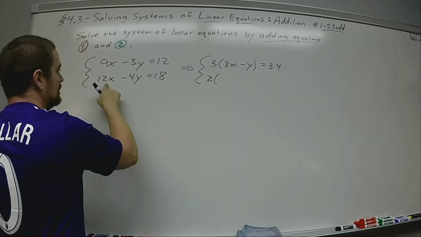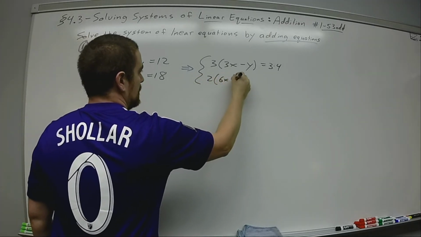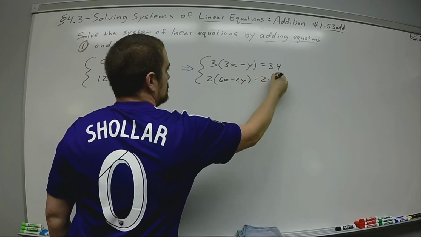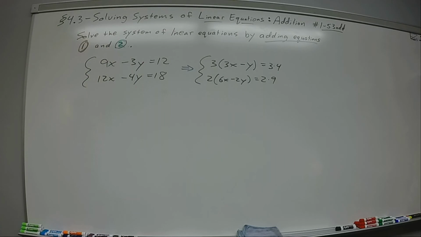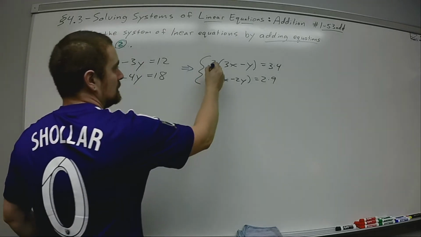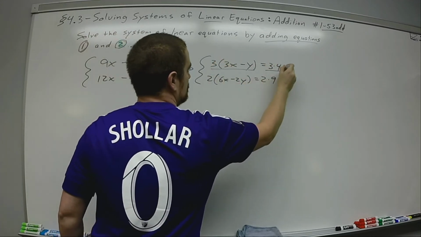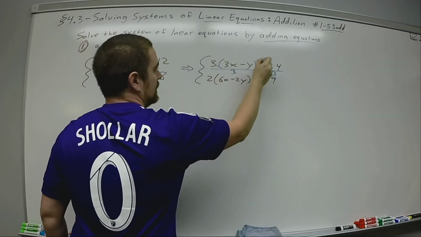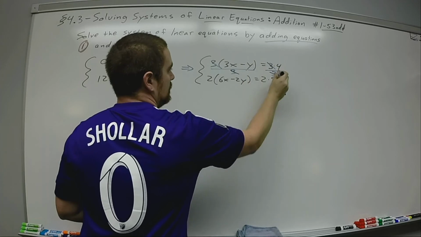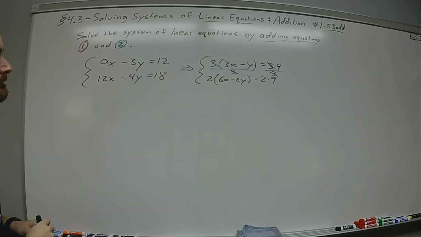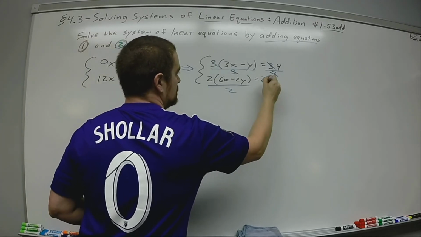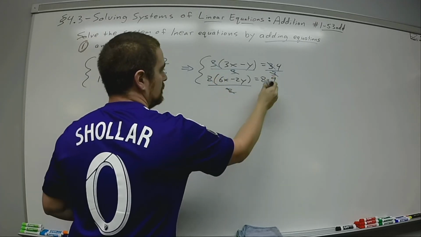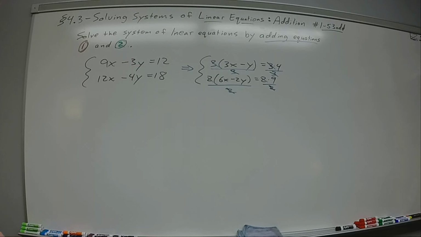This is 2 times 6x minus 2y, and this is 2 times 9. So you can look at that first equation and simply divide by 3 on both sides to cancel out that 3. And same thing in the second equation, you can divide by 2 on both sides to simply cancel out that extra multiple of 2.